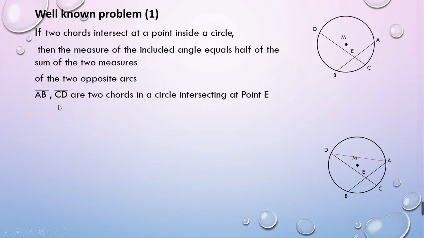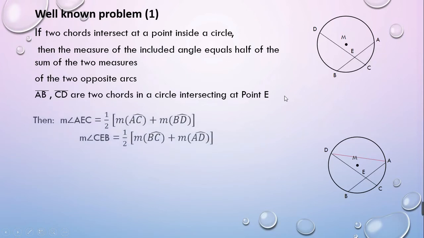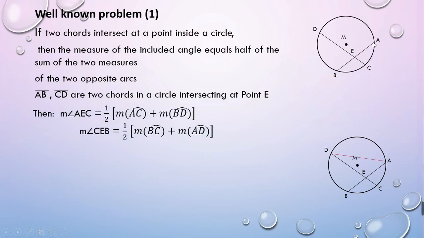So AB and CD are two chords in a circle intersecting at point E. Therefore, the measure of the angle AEC equals half the sum of the measures of the two opposite arcs AC and BD.